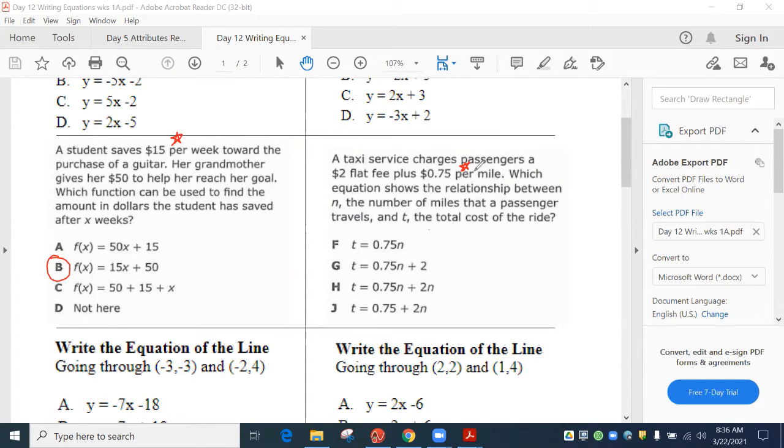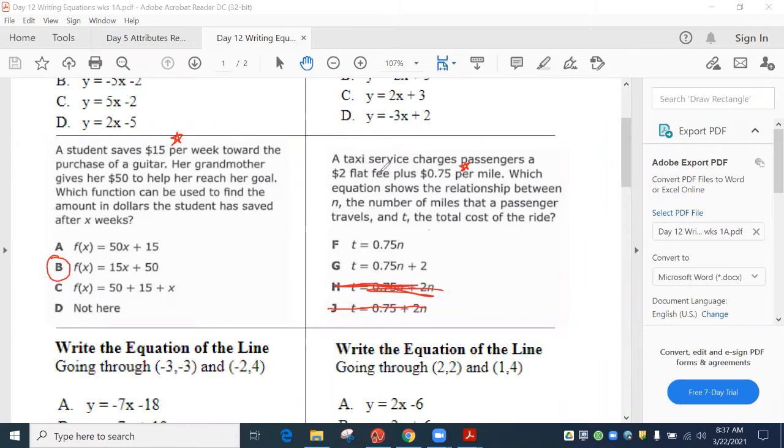Now over here, all but one has 0.75 in front of X, or in this case, N. So it's definitely not going to be J because 0.75 is not in front of X. I also know it's not H because $2 is not with the word. It's not just per, it's per, each, or every. And I don't see per, each, or every on any of these. So there should not be an N next to that.